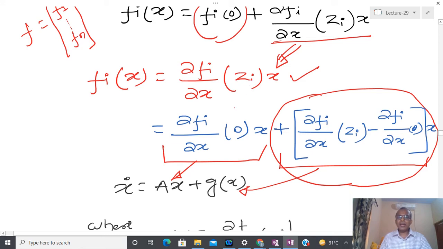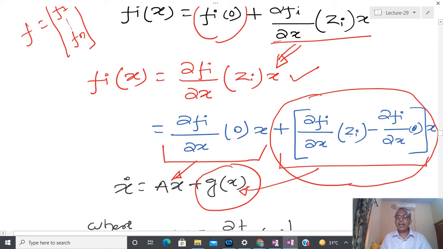So I have extracted the linear part, and after that I have a certain kind of nonlinear part, and based on some condition on the nonlinear part I can talk about the stability of the equilibrium point x equal to 0. You can see here g(x), which has the partial derivative of f_i with respect to x at z_i minus the partial derivative of f_i with respect to x at 0, multiplied by x.